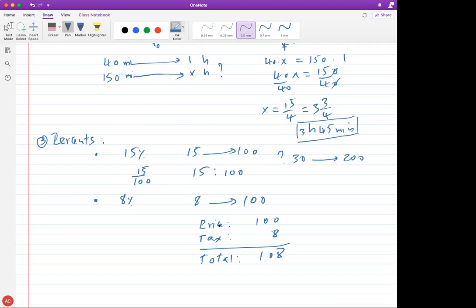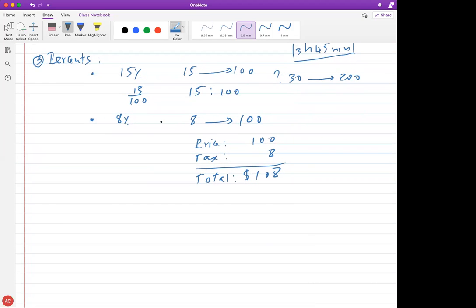Okay, so for each $100 you pay $8, or if you're looking at it in terms of dollars, for each $1 you pay 8 cents in taxes. Okay, so that's this. Discounts are subtracted from the total amount, but the tax is added to your total amount.